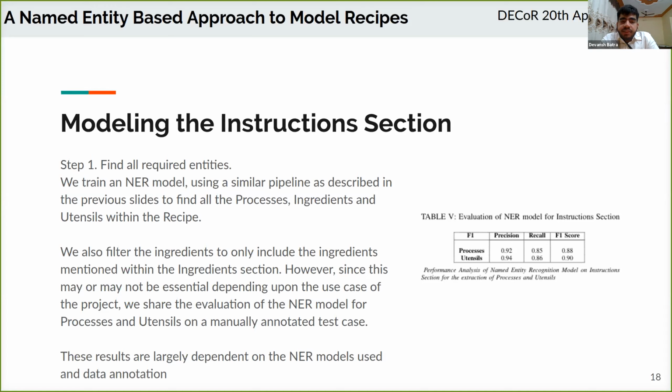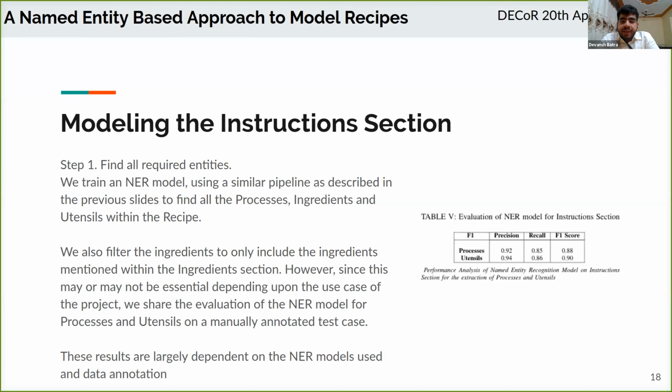However, since this may or may not be essential depending upon the use case of the project, we share the evaluation of the NER model for processes and utensils only. Because you may or may not want to have the output of ingredient entities which are not listed specifically within the ingredient section. For example, when two ingredients are mixed, they may form a mixture, and a lot of times our model said a mixture was an ingredient when that was not listed in the ingredient section.